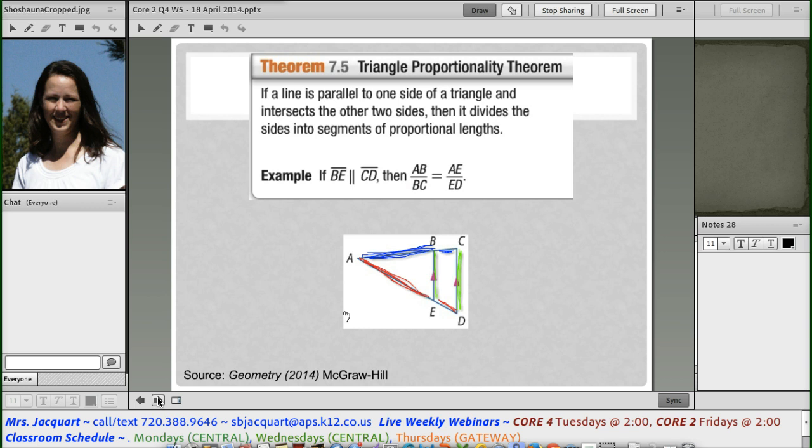So these are just the parts of the triangle. And notice the long parts on this one are on top and the short parts are on the bottom. Cool.